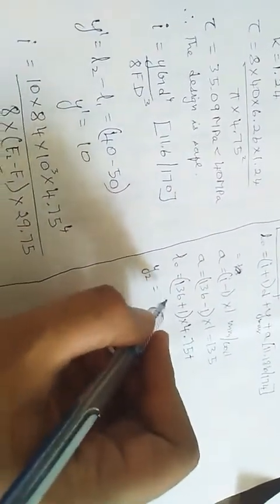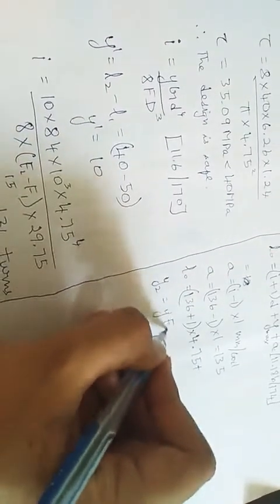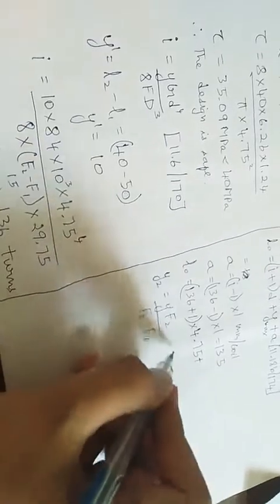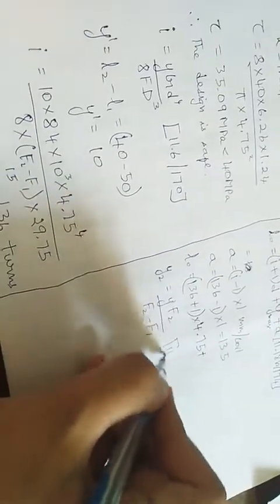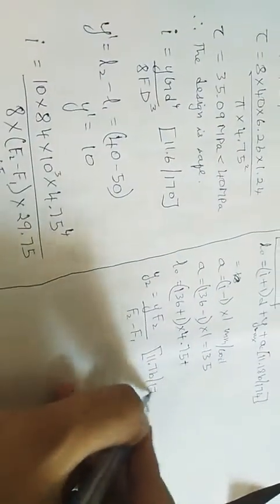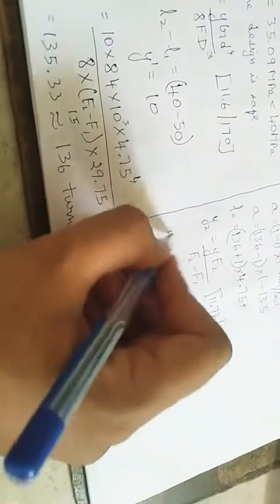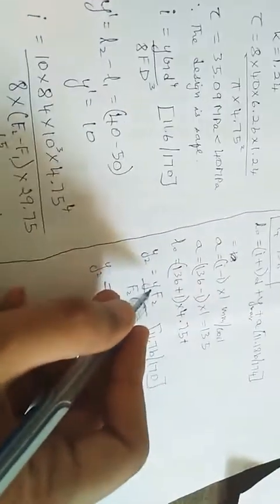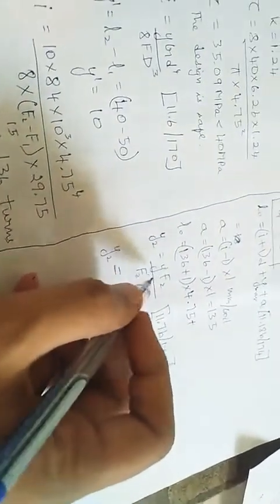y2 is equal to y dash F2 by F2 minus F1, from 11.7b, page 170. We know the value of y dash; it is given in the question.